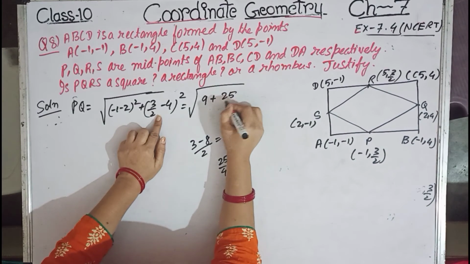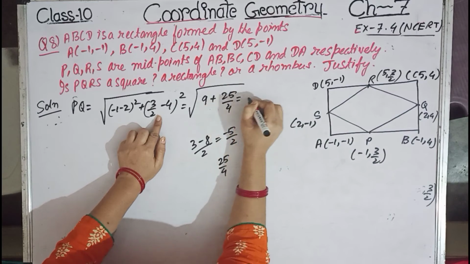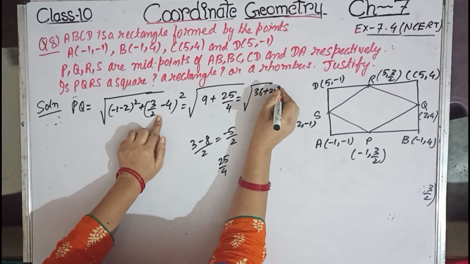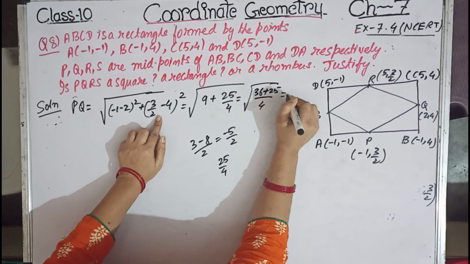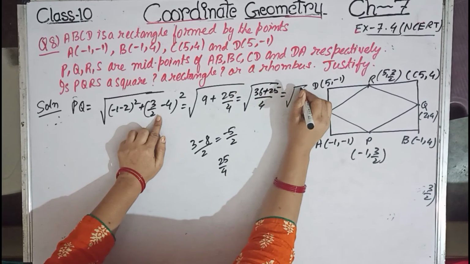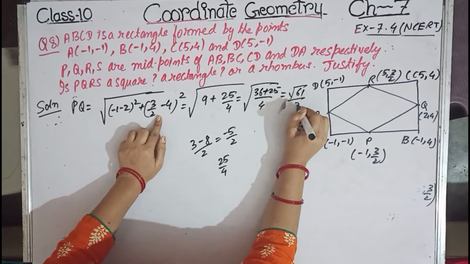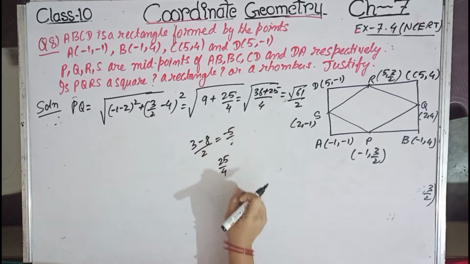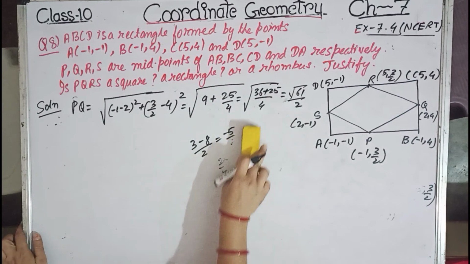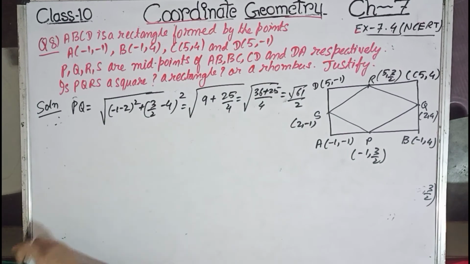So 9 plus 25/4, and 9 fours are 36 plus 25/4. This will be equals to under root 61/2. Okay. So let us now find PQ, then QR.